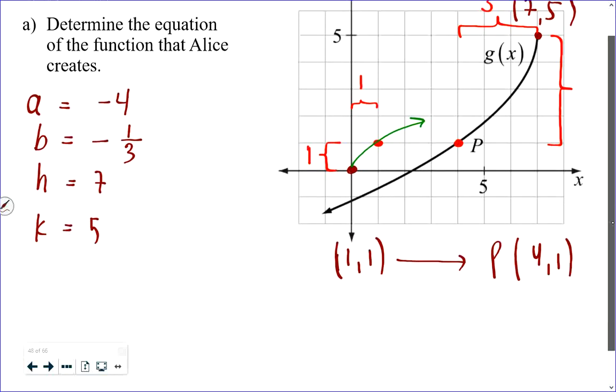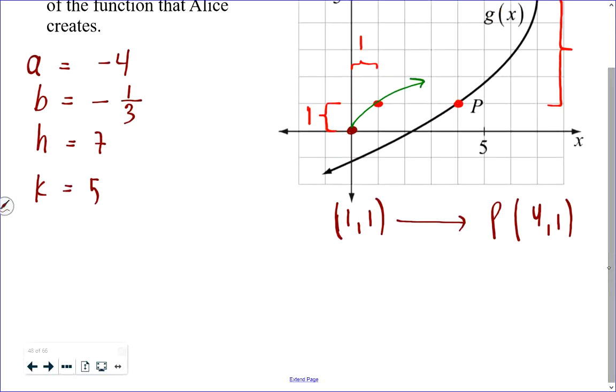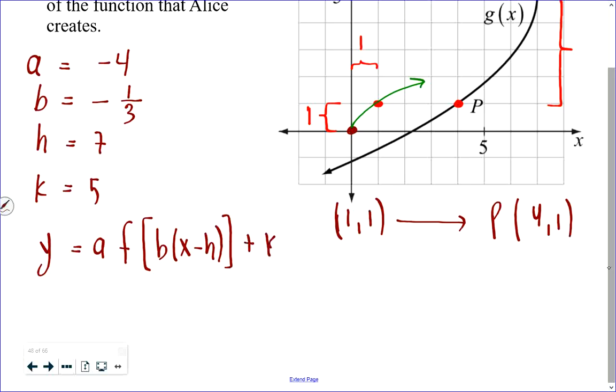What does that mean? Well, it means that y is equal to a f of b bracket x minus h bracket plus k. So let's build the function. y is equal to negative 4 f of, well, f is the square root. We went over that on day 2 of this unit.